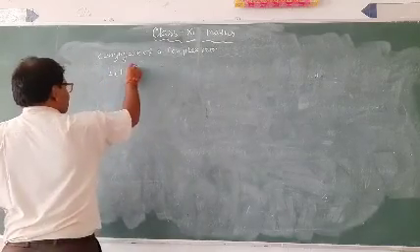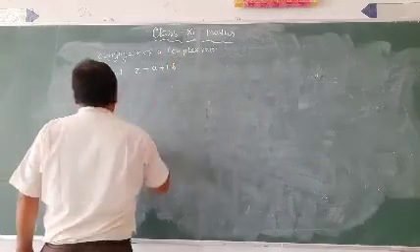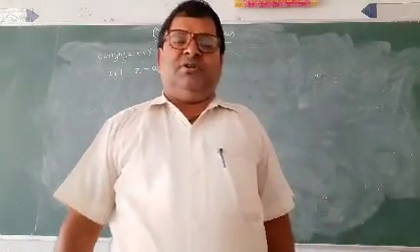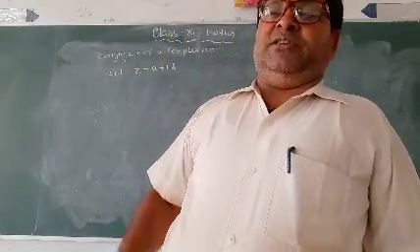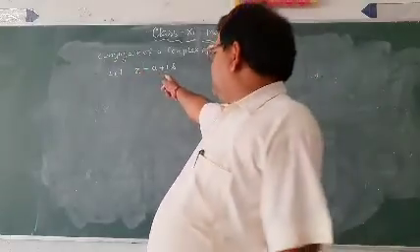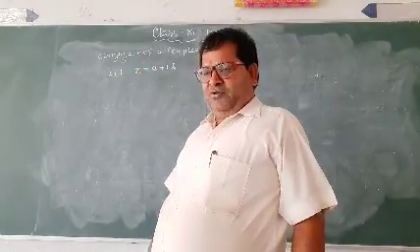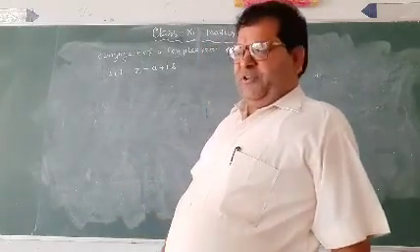Let z is equal to a plus ib. This is a complex number. Now write the conjugate of a complex number.